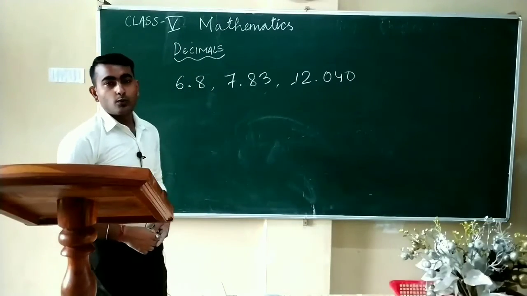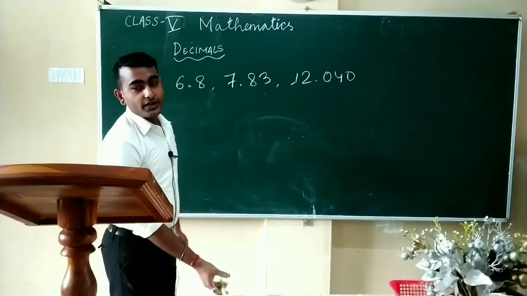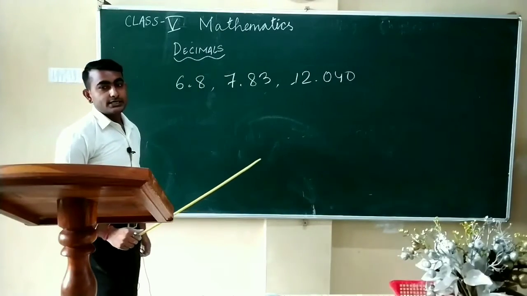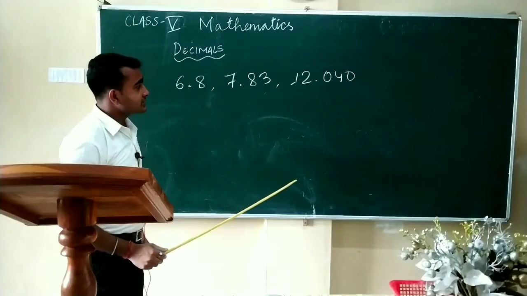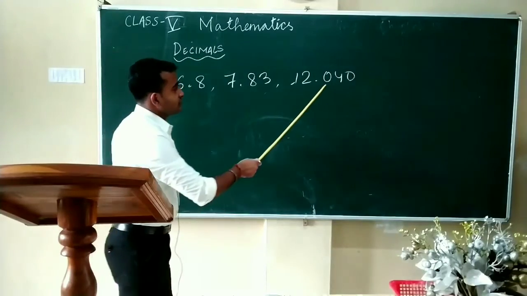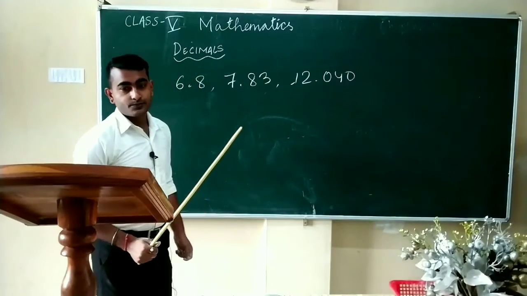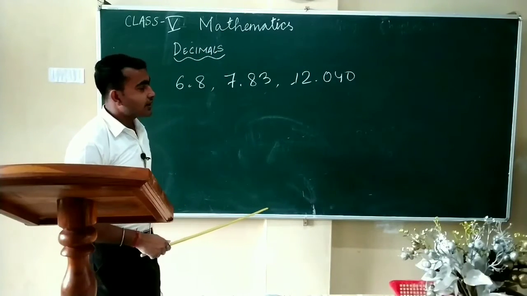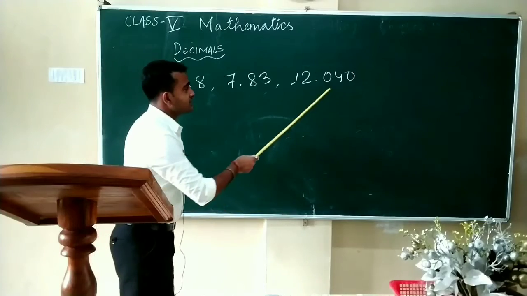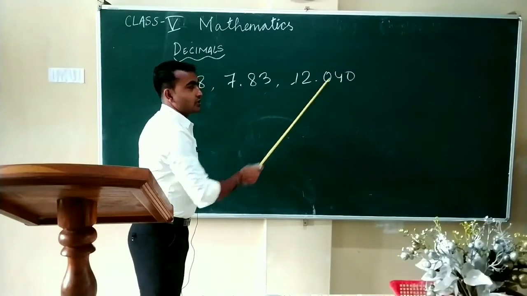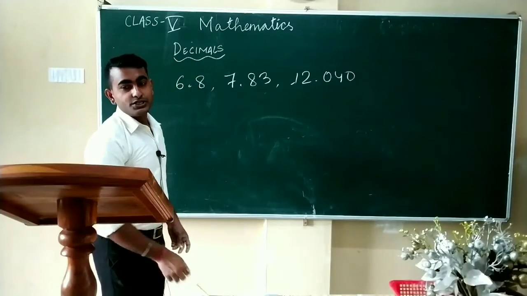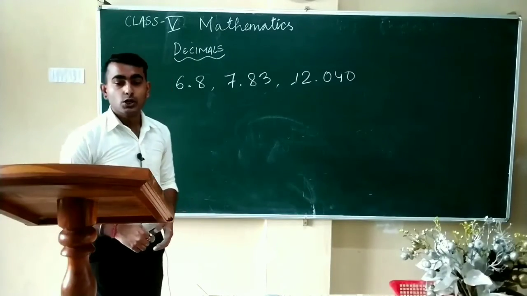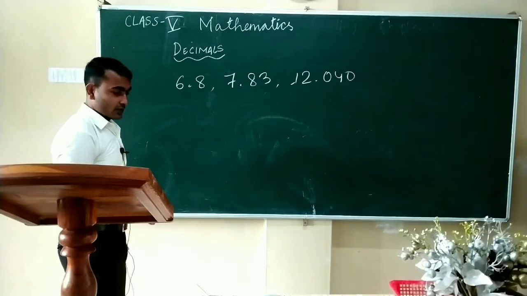First, what you need to do is find the greatest number of decimal places. That is, how many decimal places? The greatest number of decimal places is 3. So you need to convert all of them to equivalent decimals with 3 decimal places.